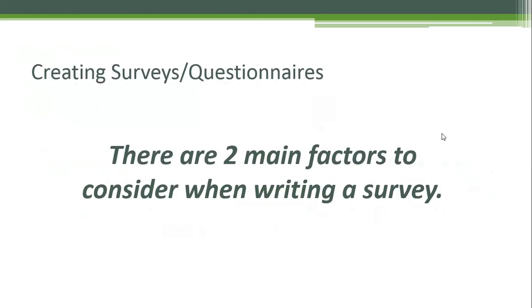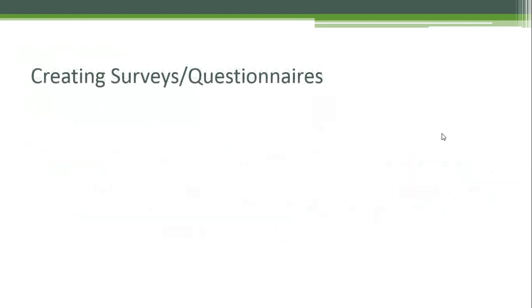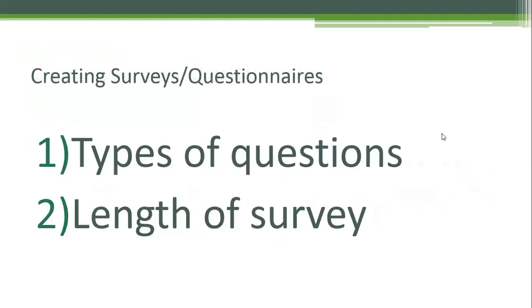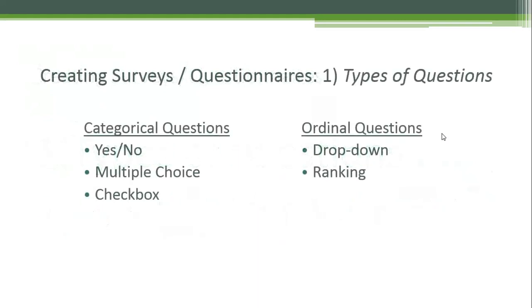There are two main factors to consider when writing a survey. The first would be the types of questions, and the second would be the length of the survey. First, the types of questions. There are two types: categorical questions and ordinal questions. In categorical, you could have yes, no, multiple choice, check boxes.